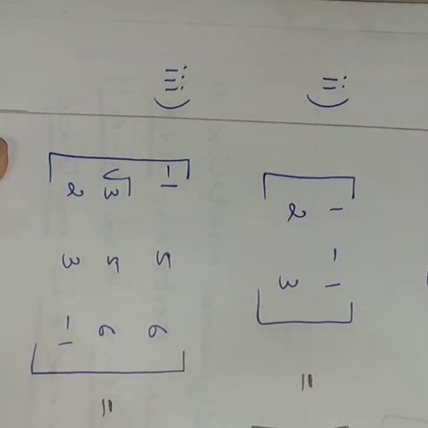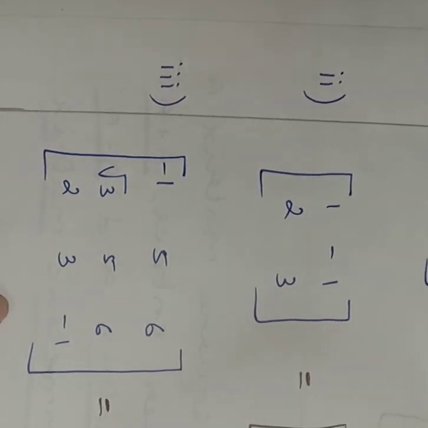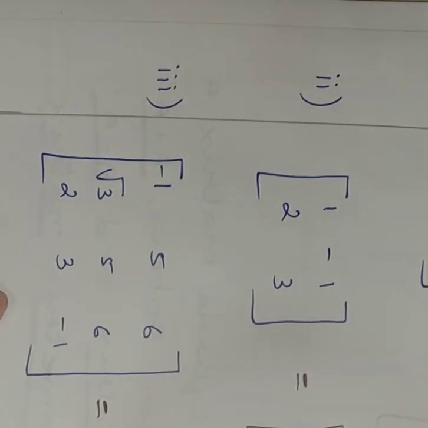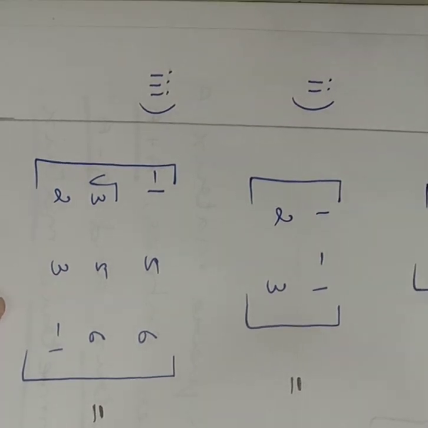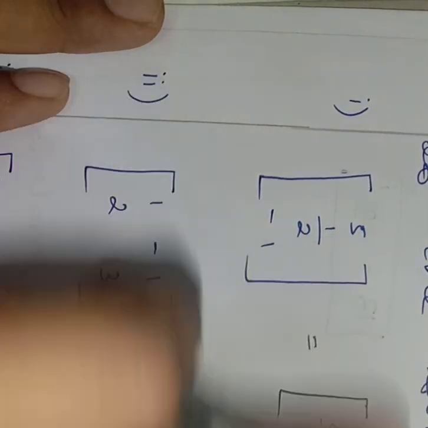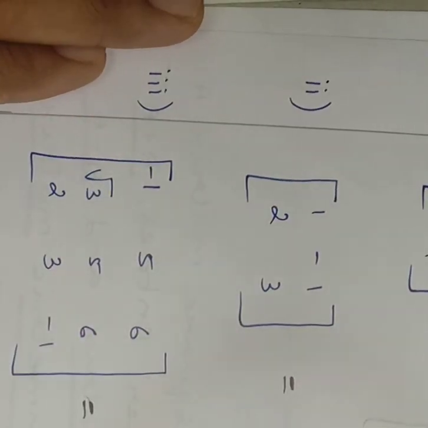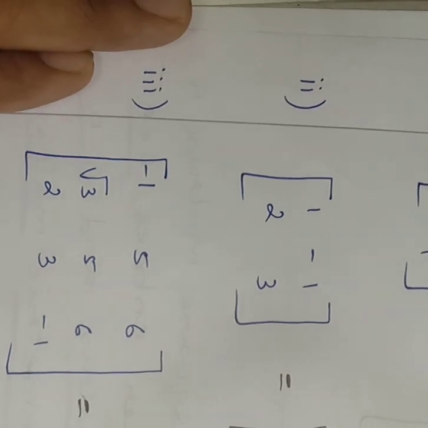The first row will become the first column, second row will become second column, third row will become third column. So this is the transpose. Whether it is a 1 cross 1, a 1 column matrix, a 2 rows 2 column matrix, or a 3 rows 3 column matrix, the procedure is the same.